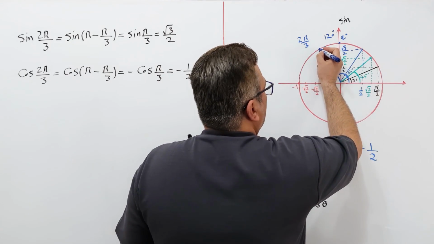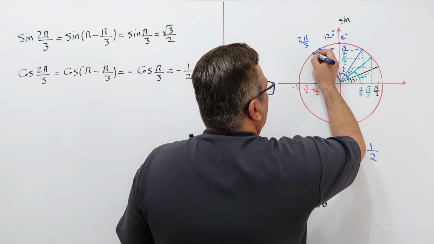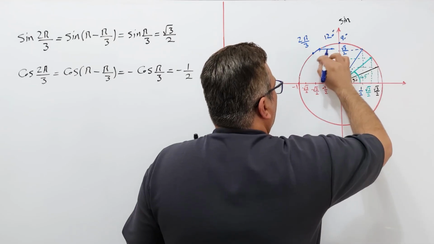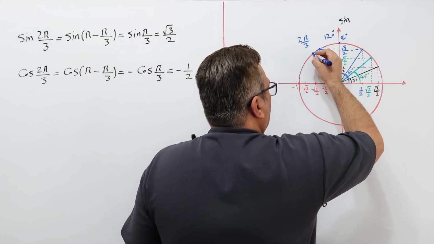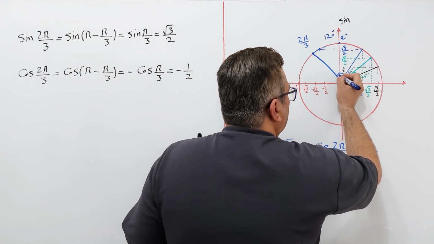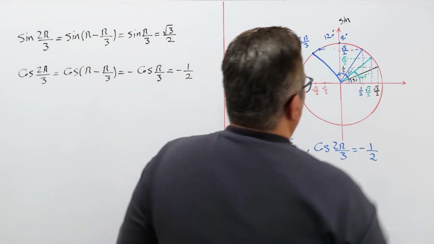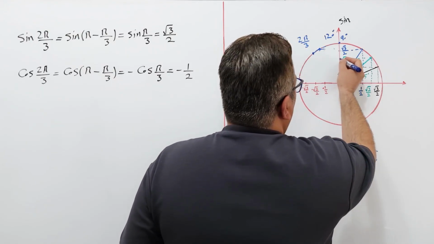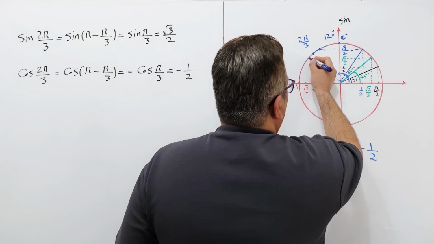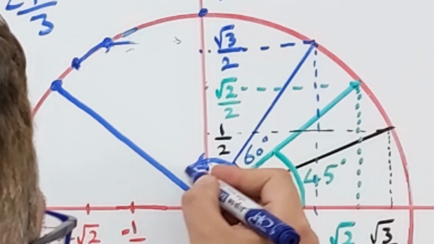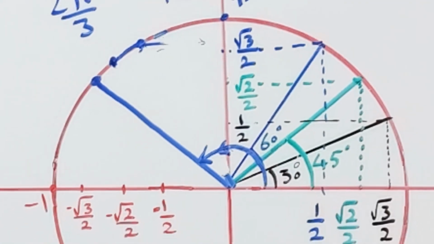from here to, for example, here. This angle. Okay? Or here. This angle.